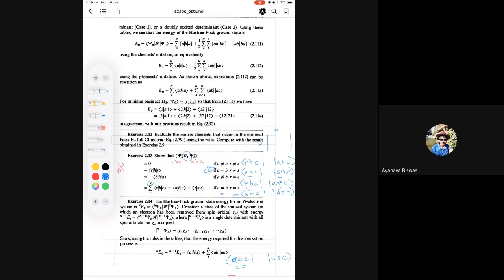You cannot have two same spin orbitals in the determinant. That is one way of thinking about it. Because at any stage, if two orbitals become equal, then they become zero.